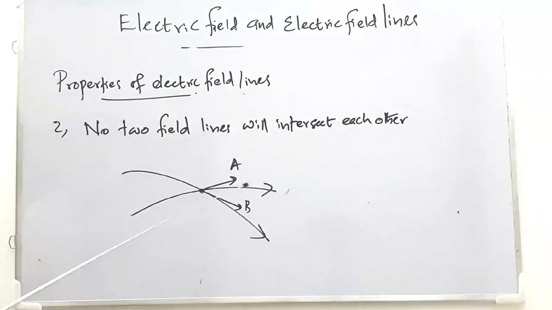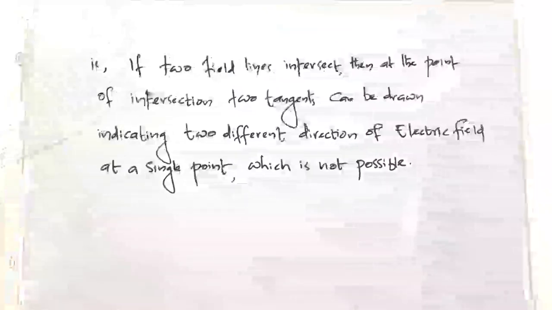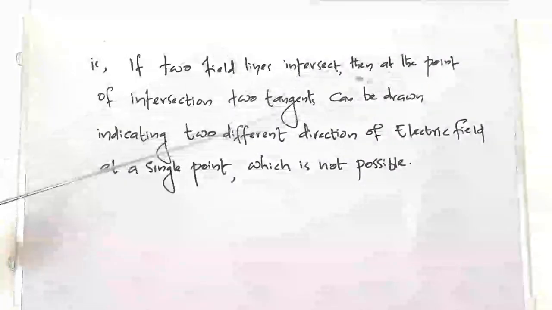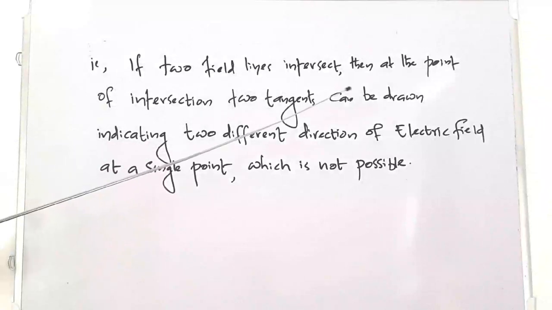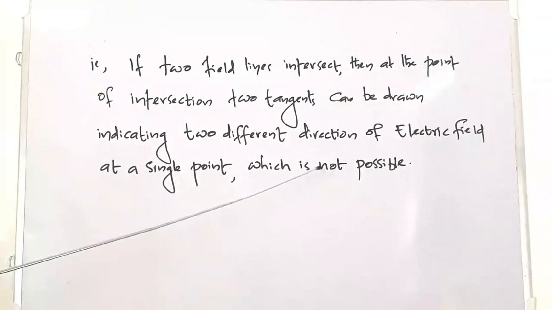But we know that electric field intensity at a particular point on an electric field line will have only a single direction. If they intersect at this point, we will be having two directions, which is not possible. That is, if two field lines intersect, then at the point of intersection, two tangents can be drawn indicating two different directions of electric field at a single point, which is not possible.